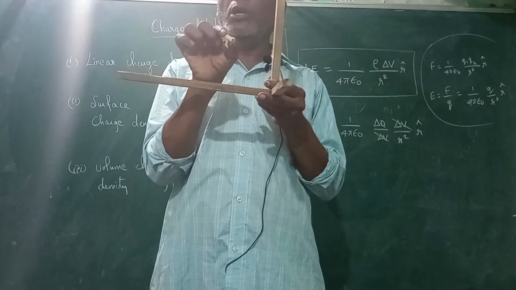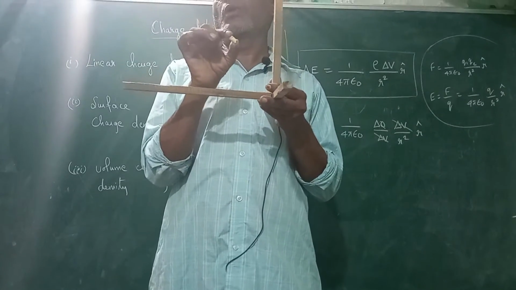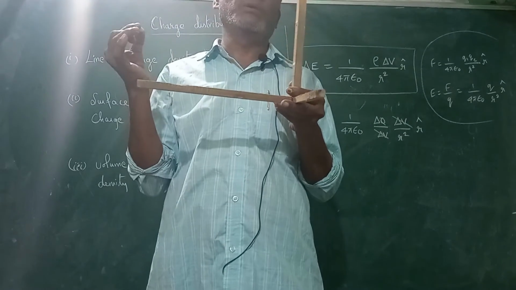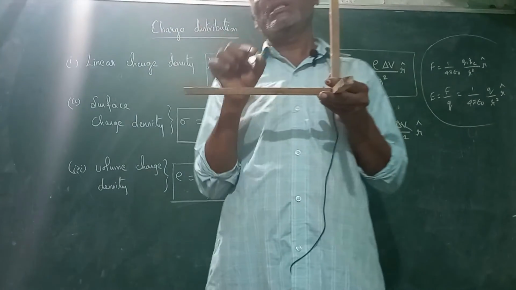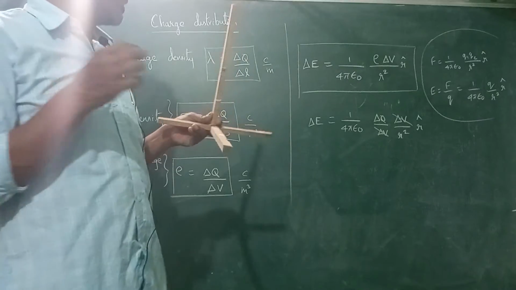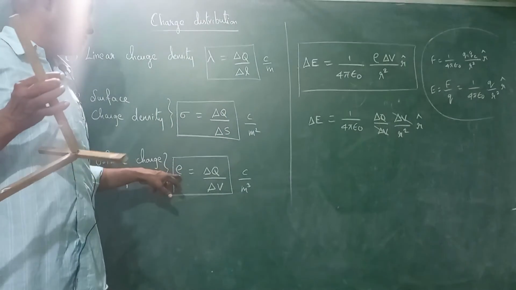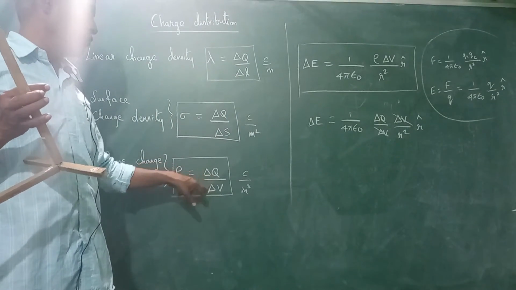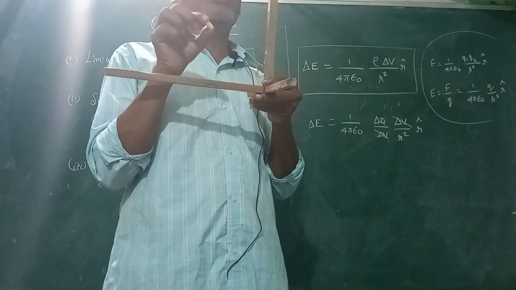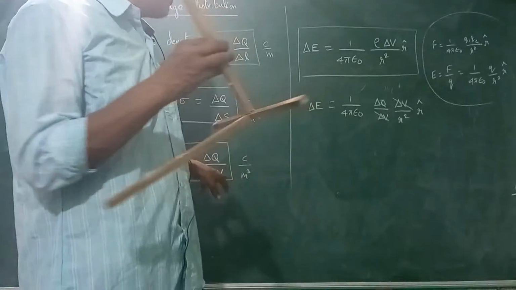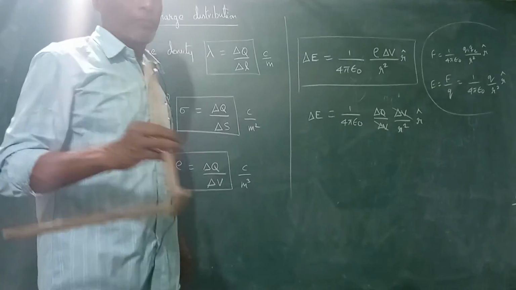So it has some volume. In that volume, how much charge is available? That is given as volume charge density. So volume charge density is given by rho, which is equal to del Q by del V. Since we are assuming this volume to be very, very small, the charges also will be very small. So the unit for this is coulomb per meter cube.